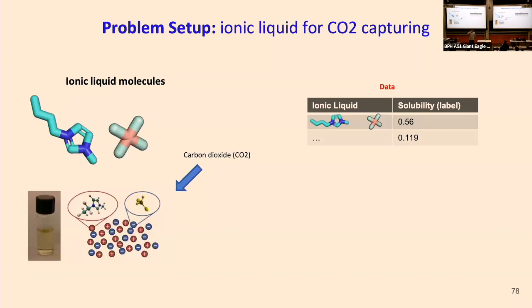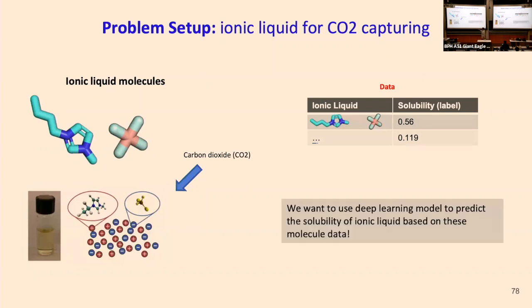But we don't want to go through the painstaking process of doing chemical tests and figuring out what the solubility actually is. Maybe we have some data which has information about the molecular structure of the ionic liquid and the solubility as the label. Right? And we want to learn a deep learning model which will map these two, map one to the other. So essentially, we want a function which maps from the molecule space to a real number space, which will give you solubility. Yeah?